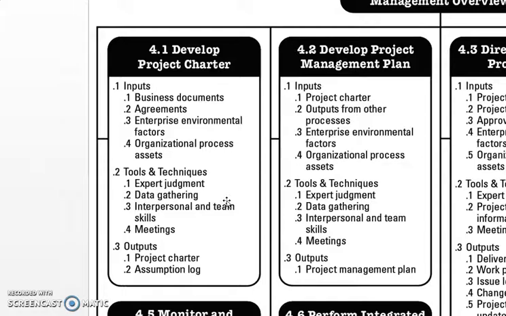You get help from them to do the process. That is expert judgment. It comes under tools and techniques. Then data gathering. You have to gather information or data regarding how this process has to be executed, from previous experience or whatever it is.